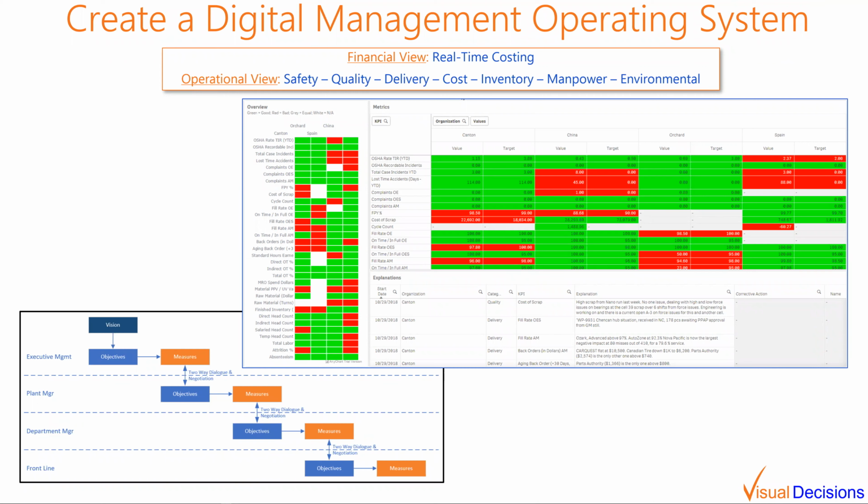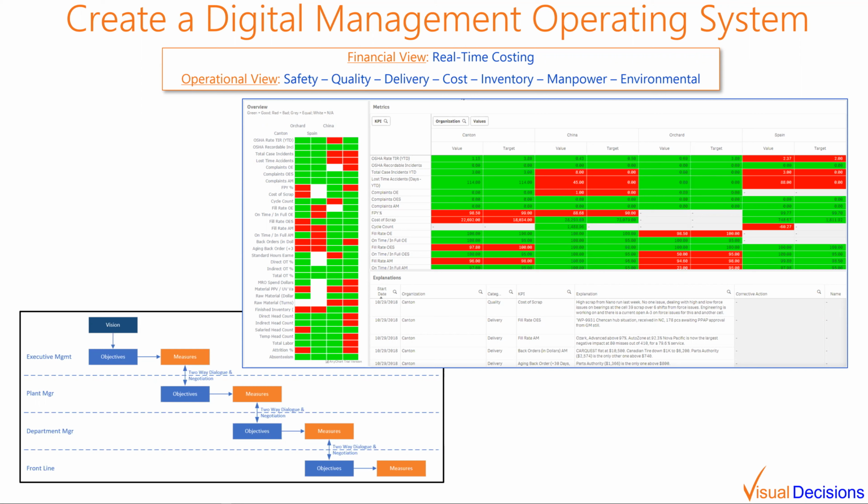By creating this digital management operating system and having all of these detailed metrics available from both an operational point of view as well as a financial point of view, we can have everybody on the same page as to how the business is performing, where the problems are, and everybody pulling on the same end of the rope.